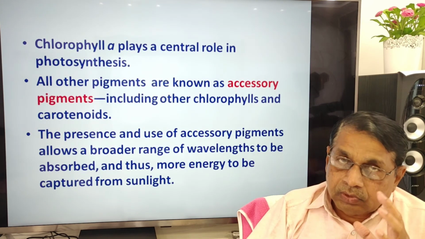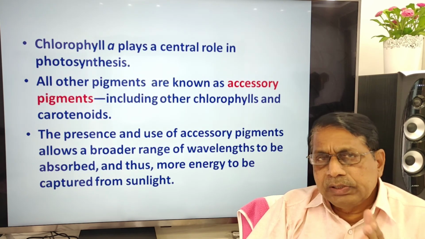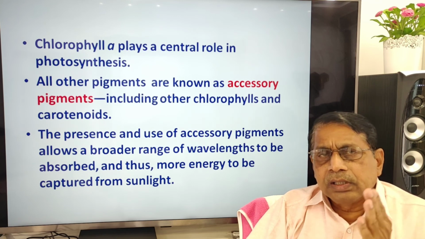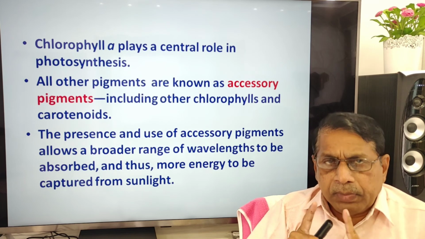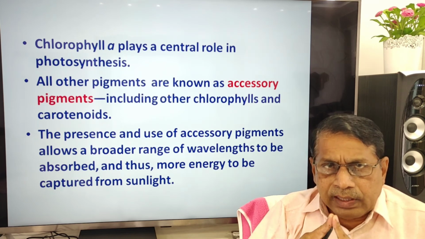Then chlorophyll a, chlorophyll b, c, d are there. Carotene and xanthophyll pigments are there. The main pigment is chlorophyll a.